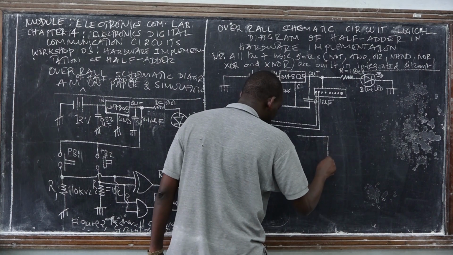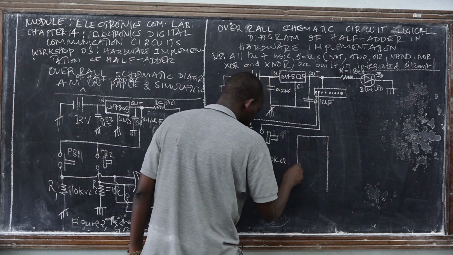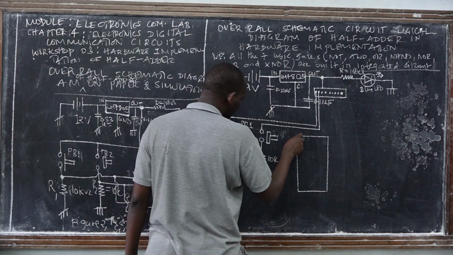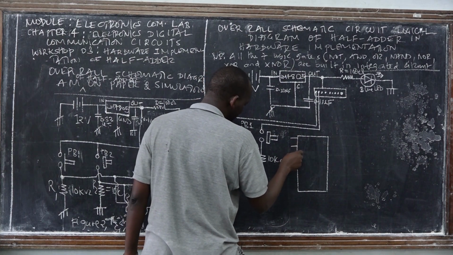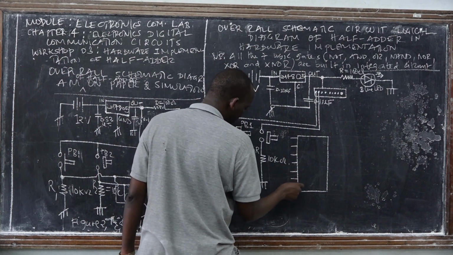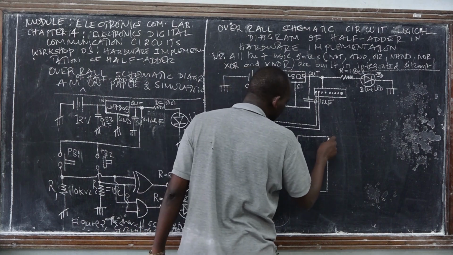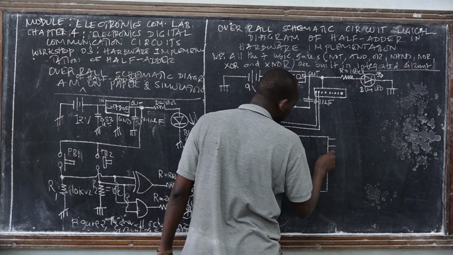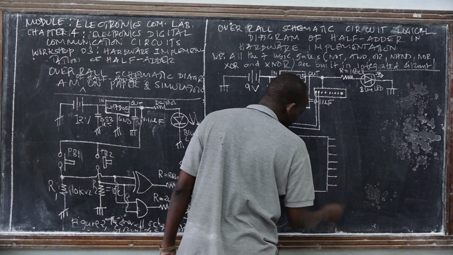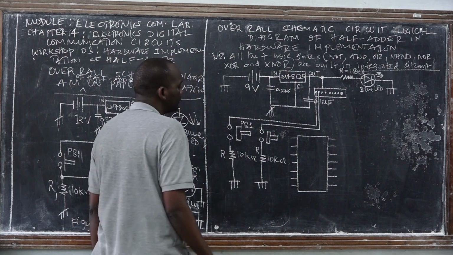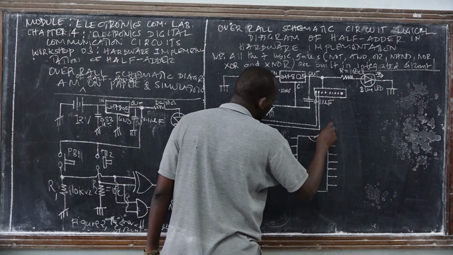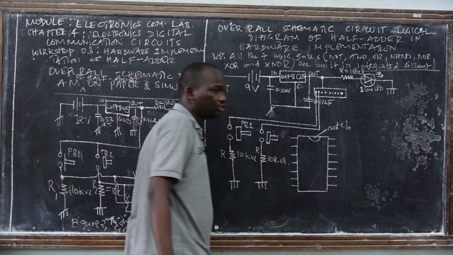This is the physical appearance of exclusive OR gate. It has 14 pins, 1, 2, 3, 4, 5, 6, 7, and 1, 2, 3, 4, 5, 6, 7. Here we have a marker, we call it the notch.